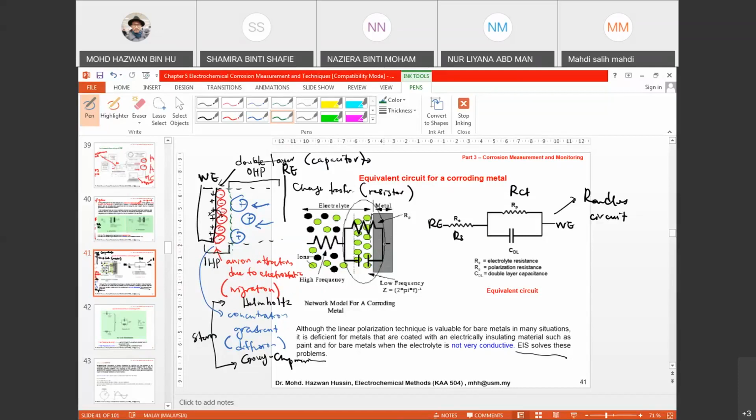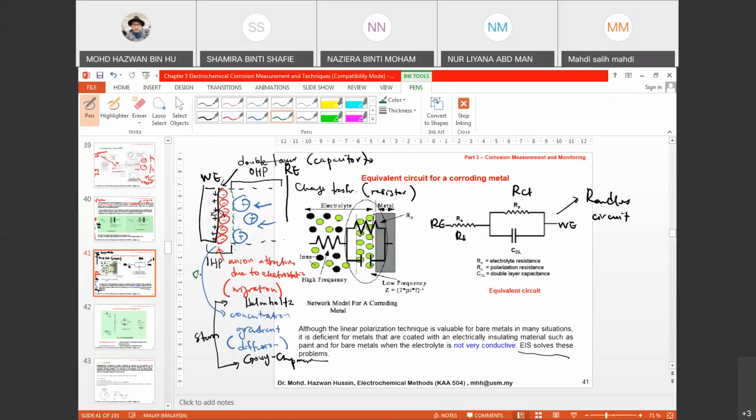Because of the concentration. If you notice over here, I told you, you will get RCT. The RCT value you will get at the region near to the electrode. So this is actually at low frequency. And OHP is actually at high frequency, the region near to the bulk electrolyte.